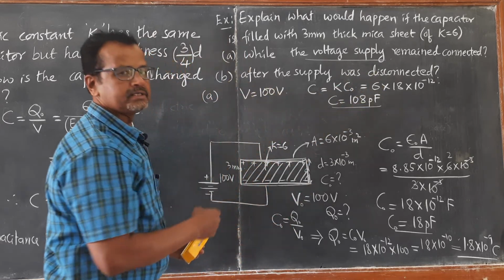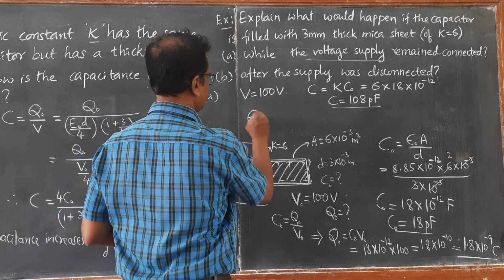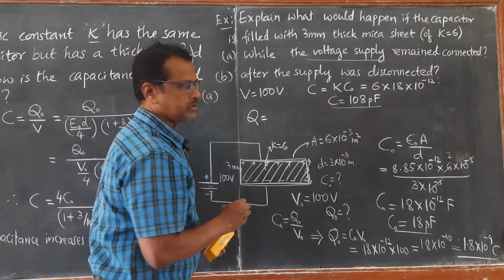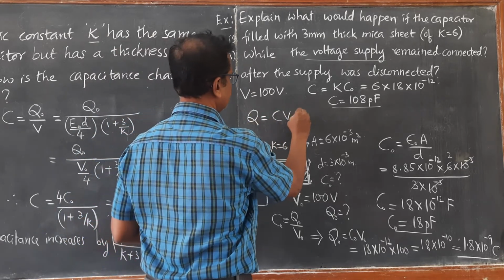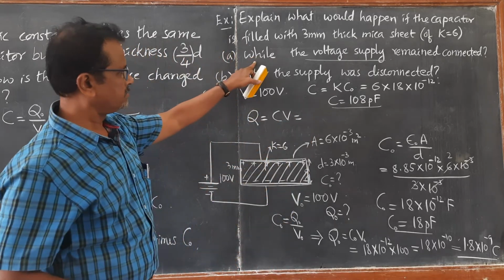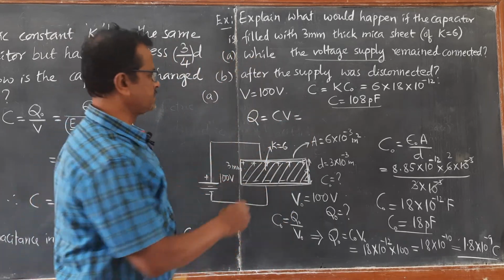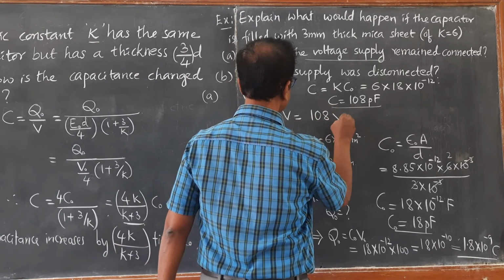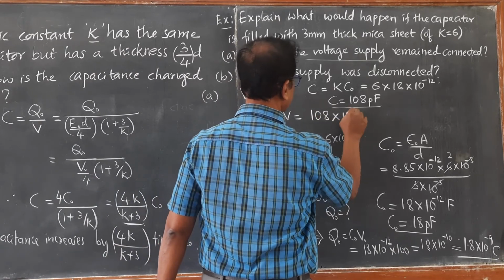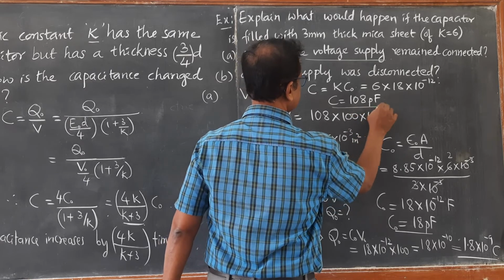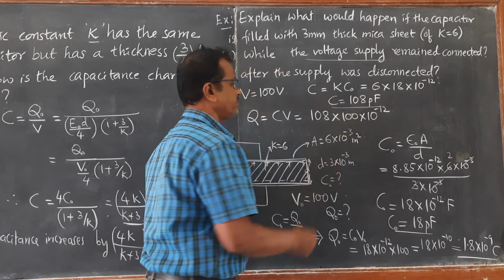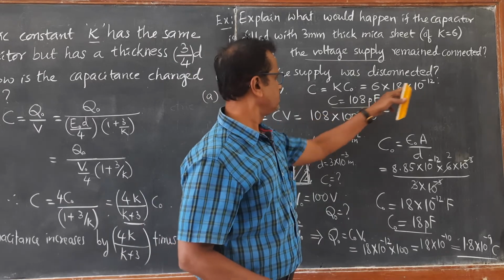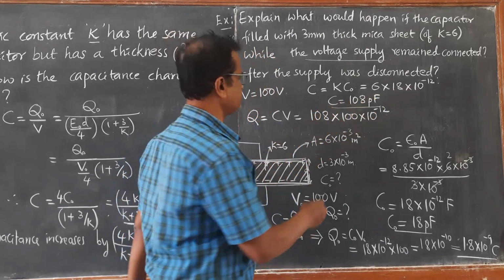Now you can calculate the charge. So charge is equal to what? C into V, while the supply is still connected. C into V gives us 108 into 10 to the power of minus 12 farad, the capacitance, into 100 volt.